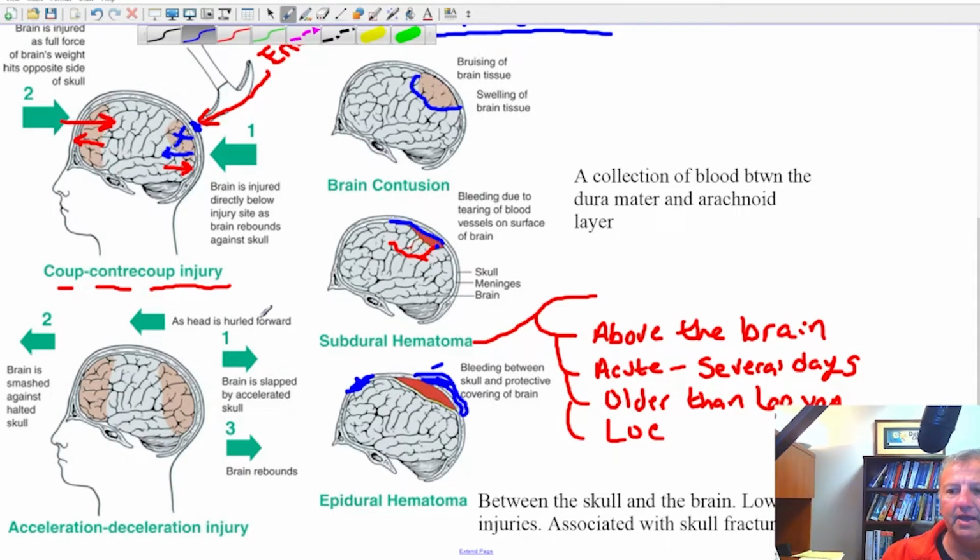Here we have the whole head moving forward. The head is hurled forward. That causes the brain to smash up against the base of the skull, right? And then the brain is slapped by the accelerated skull on the way back.